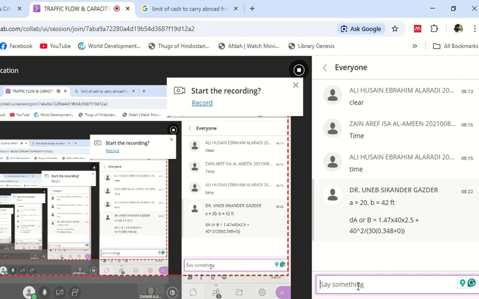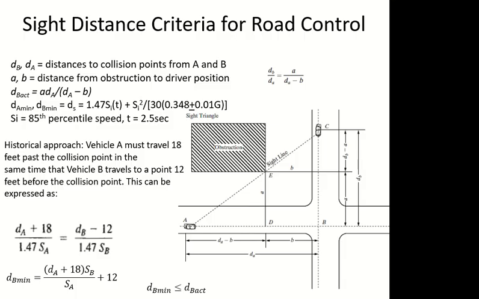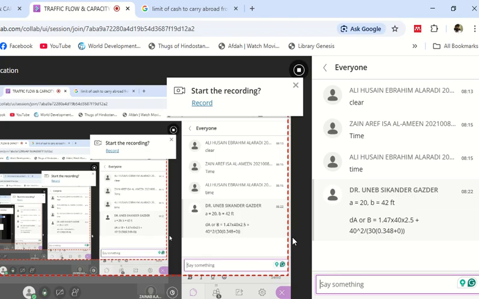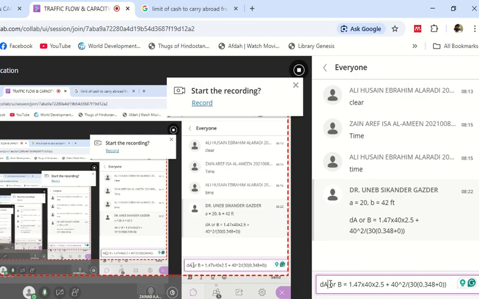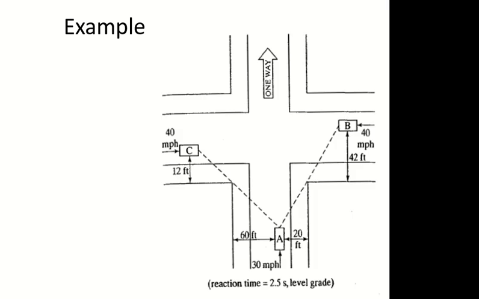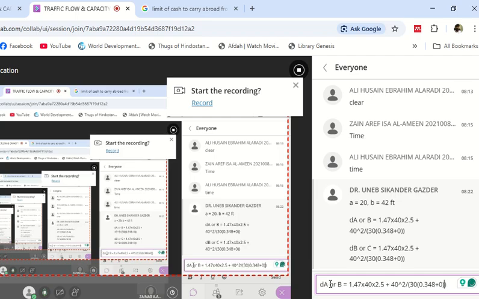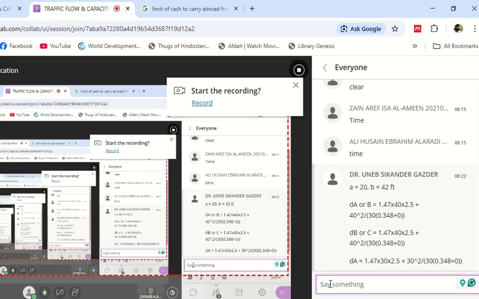We'll call it B or C, because the vehicles are written as B or C here. So B or C, the vehicles on the main road. Then the vehicle on the side road, I'll call it A. So give me the side distances.